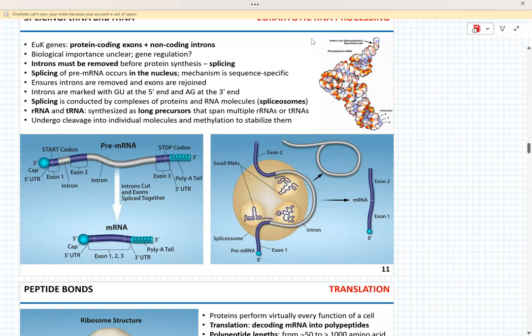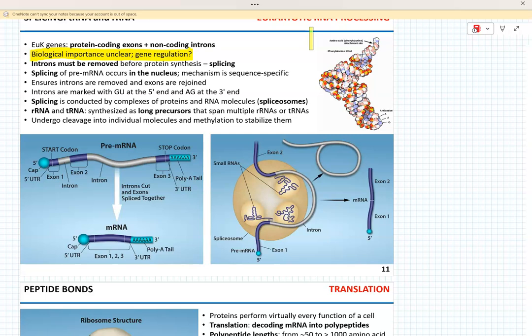So let's talk about it a little bit more. The biological importance of the presence of introns, non-coding parts of a gene, is unclear. However, these introns, as we mentioned before, must be removed.